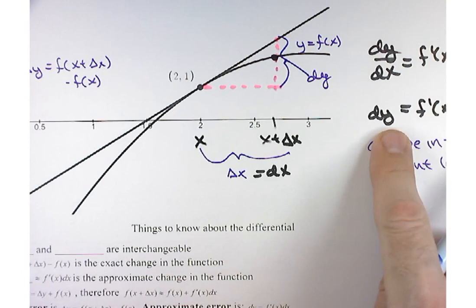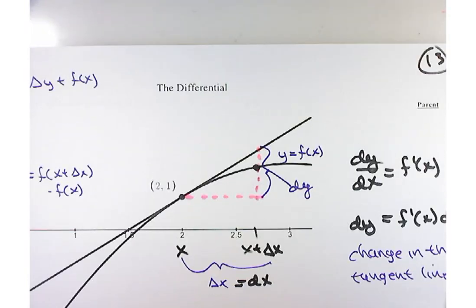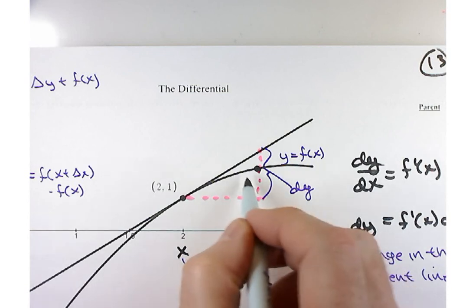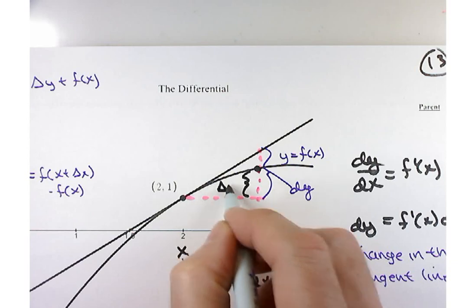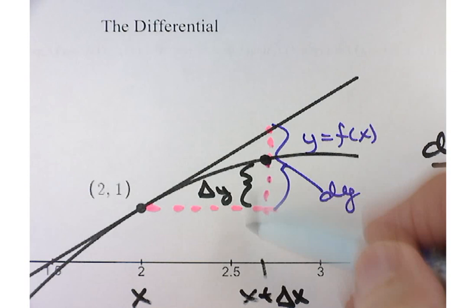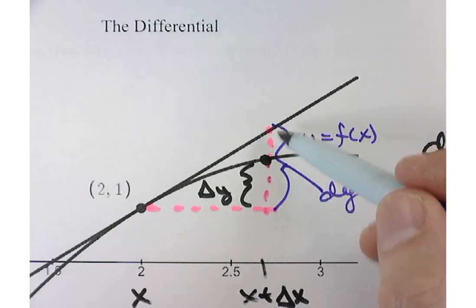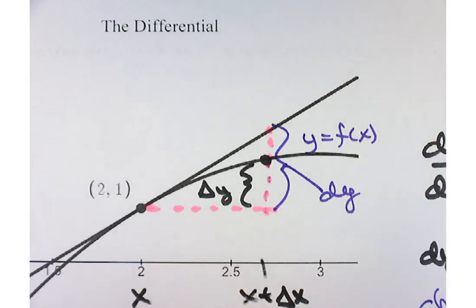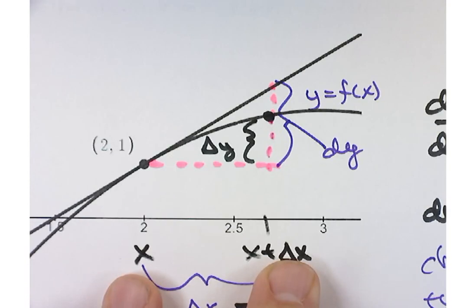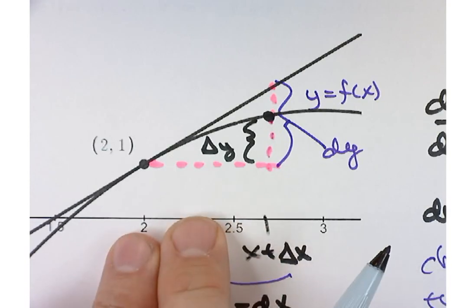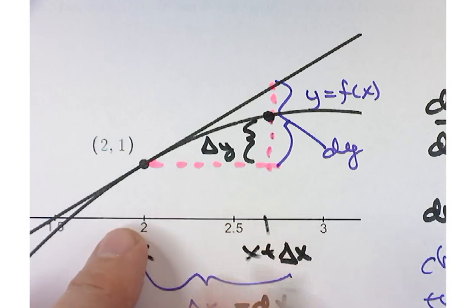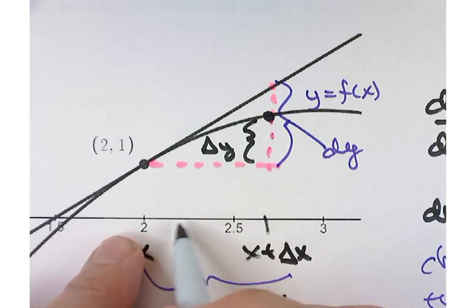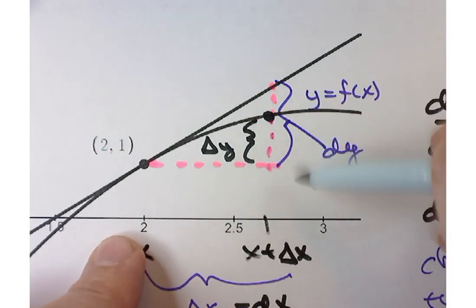I want us to notice that the exact change, which is my delta y, the exact change in the function is going to be pretty close to the change in the tangent line as long as delta x is really small. That is, if I'm not changing what point I'm looking at too much, if I'm moving just a little bit, these two things are going to be close to each other.